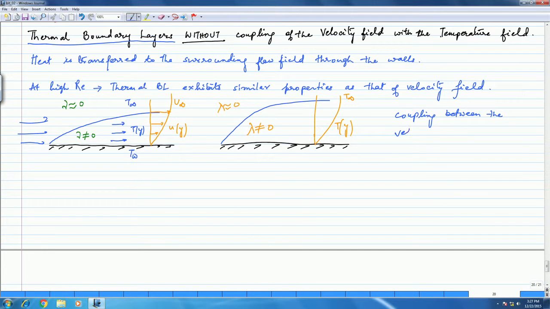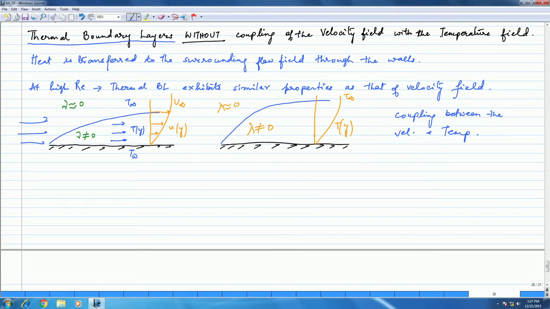So there is a coupling between velocity and temperature. The heading says that we're going to study this without coupling of the velocity field and the temperature field. I guess that's just to say that we're going to deal with less math, and probably comparatively easier math, when we do it without the coupling. So that's the only objective.